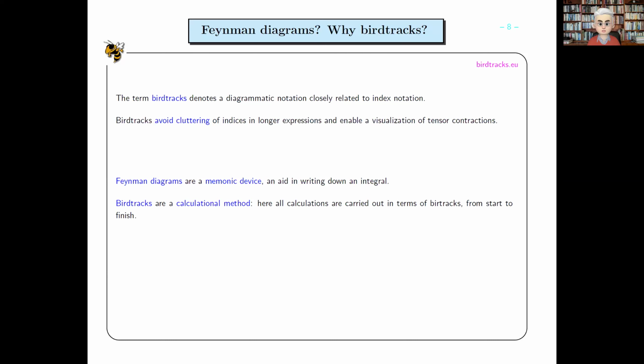So you could have said, why don't we call this Feynman diagrams? Well, I want to make a distinction. Birdtracks are good in the same sense Feynman diagrams are good: you don't write all the stupid indices and letters. Now, Feynman diagrams are a mnemonic device.